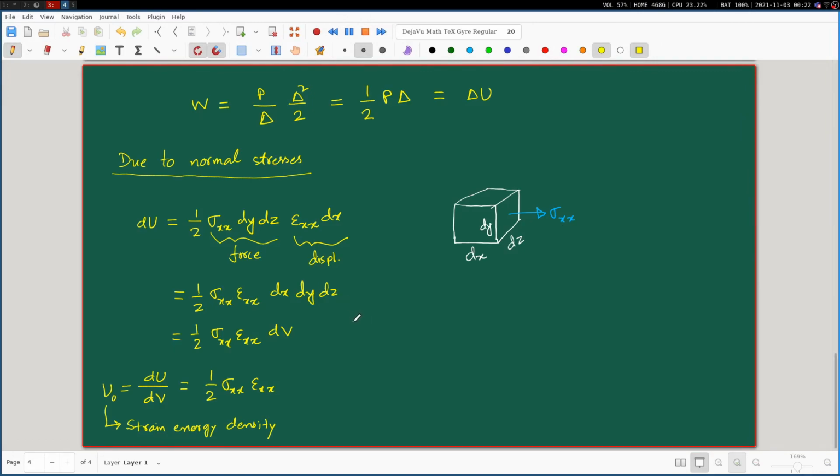Let us now move on to the strain energy associated with, or due to, the shear stress. So due to shear stress, again we are going to consider a little element, an infinitesimal element, and we are going to consider it in this fashion.